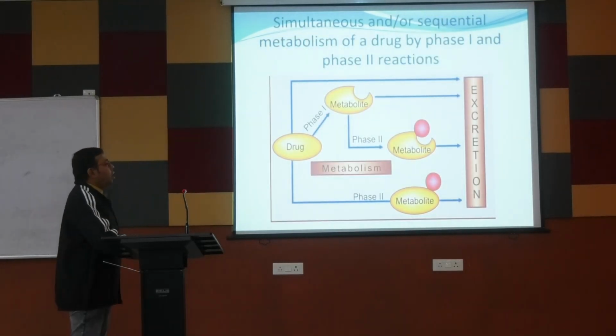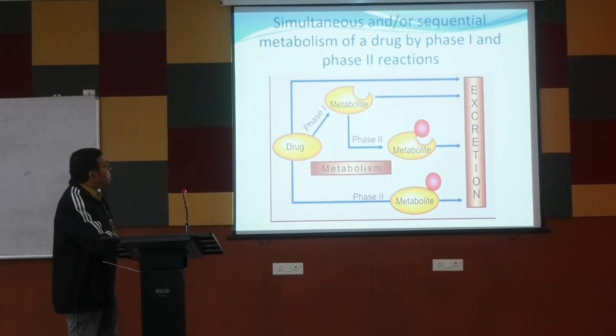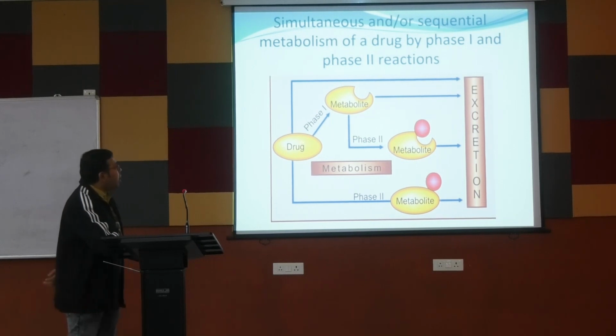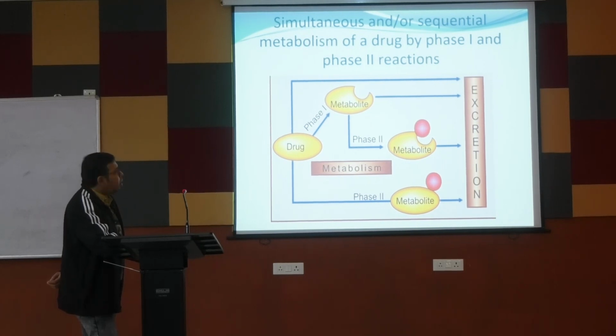So you can see what I am telling, that there may be simultaneous or sequential metabolism of the drugs. So this is the drug. Drug means a xenobiotic that can go to phase 1, the metabolite is formed, and that metabolite may be excreted. In some drugs, that metabolite again undergoes phase 2 and then another metabolite is formed that may be excreted.